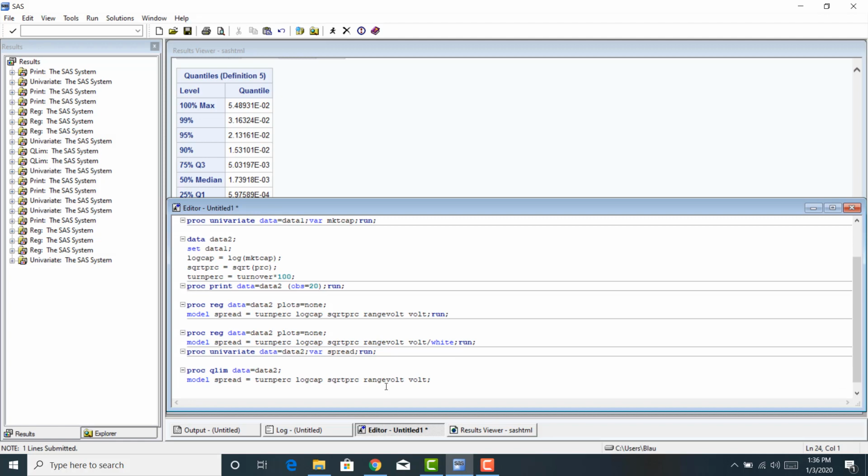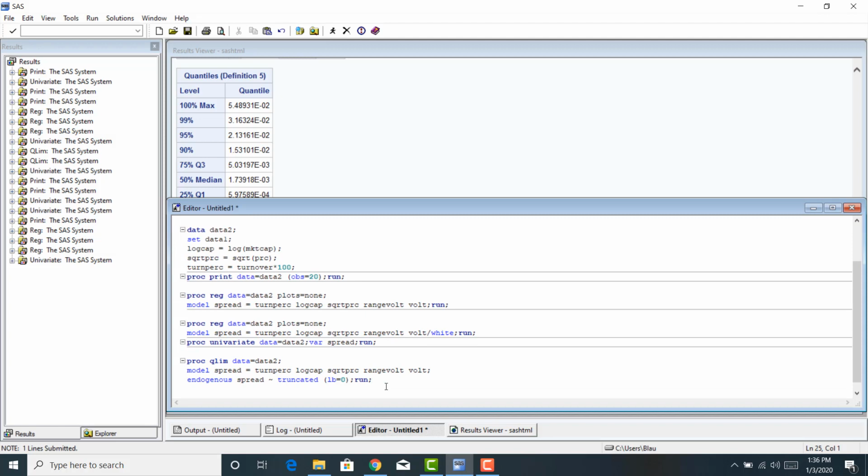And then I'm going to specify an endogenous variable. I'm going to say endogenous, variable is my dependent variable. I'm going to say tilde, and it's truncated with a lower bound equal to 0.